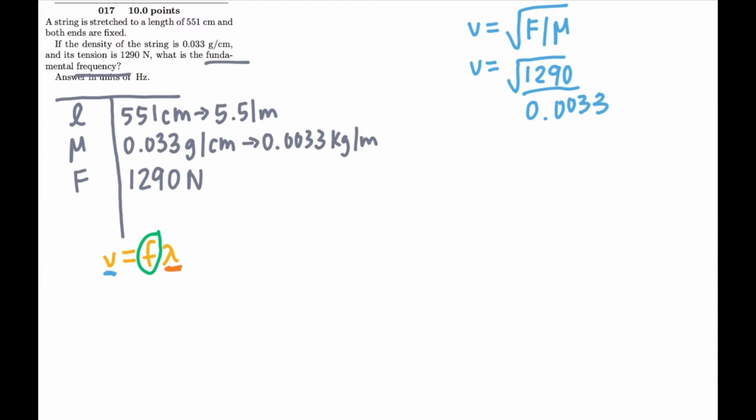Remember to make sure that yours is in kilograms per meter, okay? So we're going to do that, and that should give us a velocity of 625.2272. I always like to go out 4 decimal places.